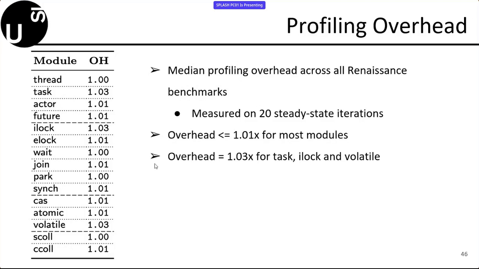And regarding the modules ilock and volatile, we found that the Renaissance benchmarks make frequent use of implicit locks and also of the acquisition of volatile fields, which can explain the relatively higher overhead with respect to the other modules. And when all the modules are active, the total overhead is equal to a factor of 1.18.